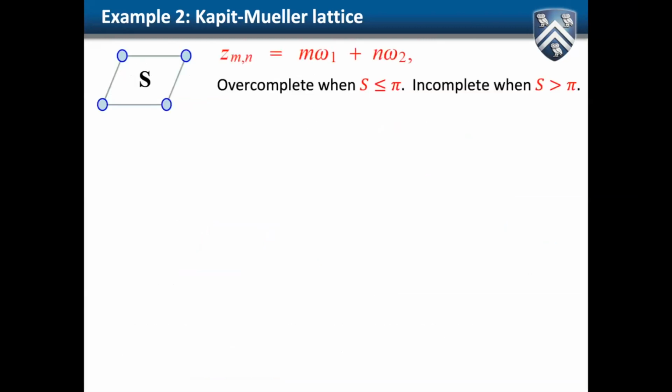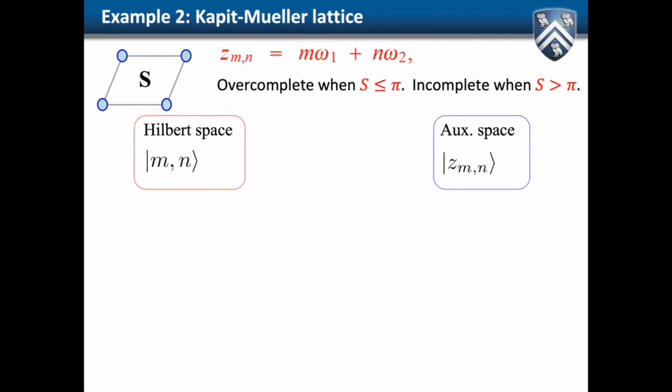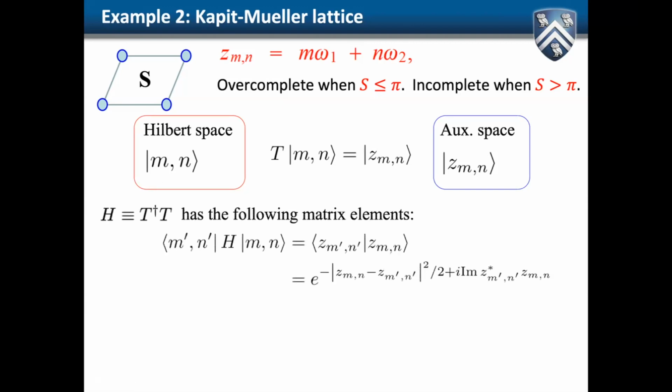that's true. So using this idea, we can actually construct our Hamiltonian. My auxiliary space is just the coherent space, and my T is really simple. Just map the coherent space into my Hilbert space. So my Hilbert space represents the sites and the particle can hop.